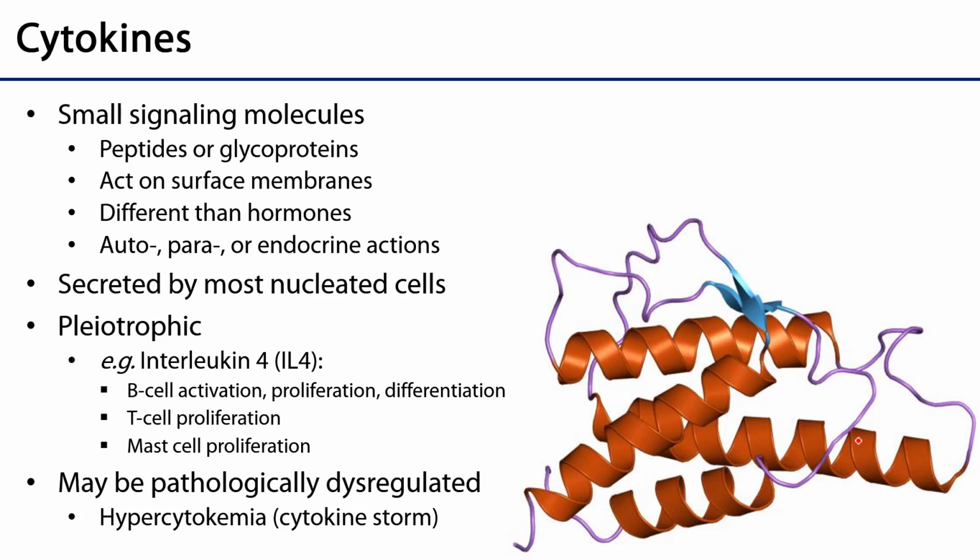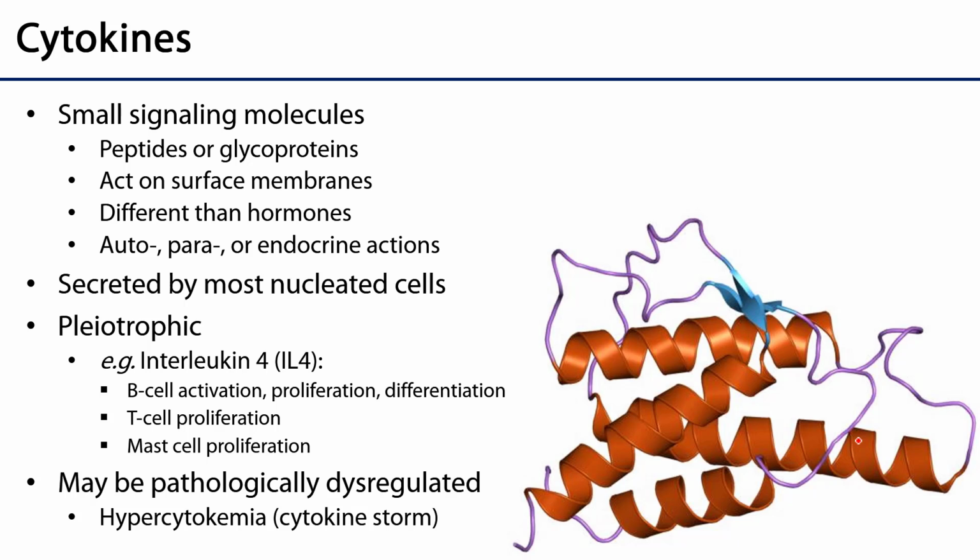Cytokines are small signaling molecules which are typically either peptides or glycoproteins. As such, these are incapable of crossing the plasma membrane of other cells, and so their action is on surface membrane receptors of cells. So these are very important at modulating the immune system.